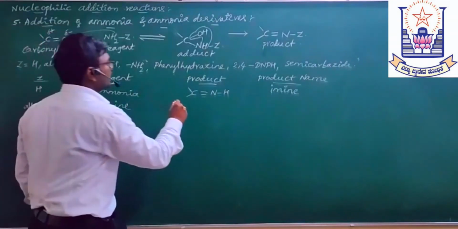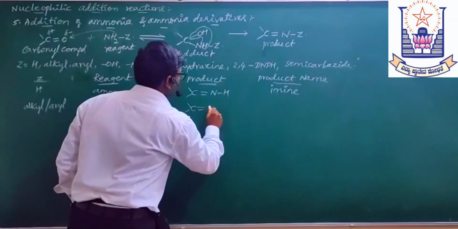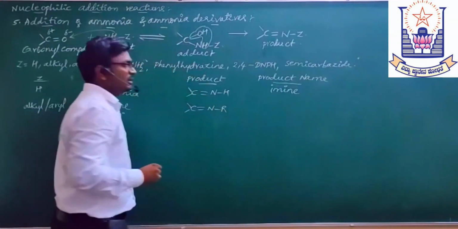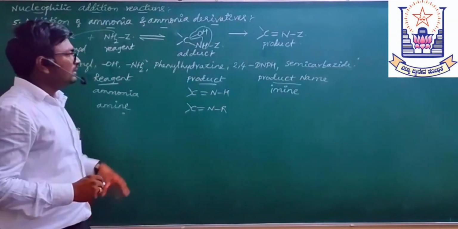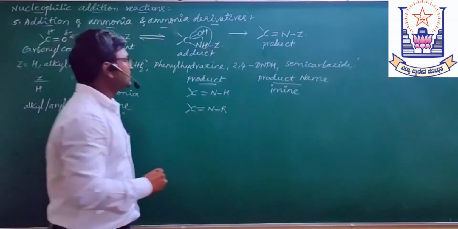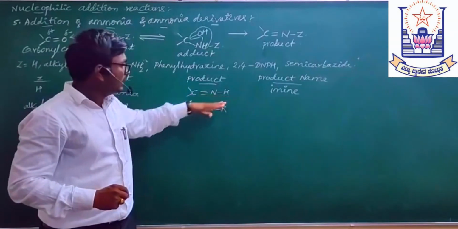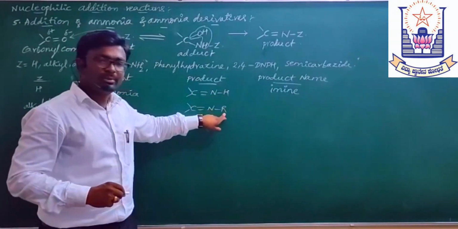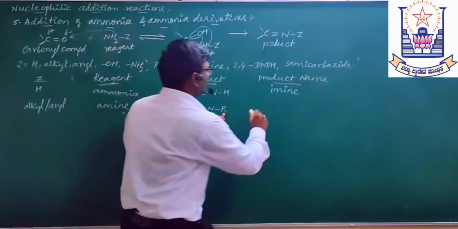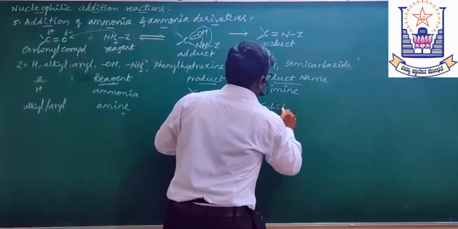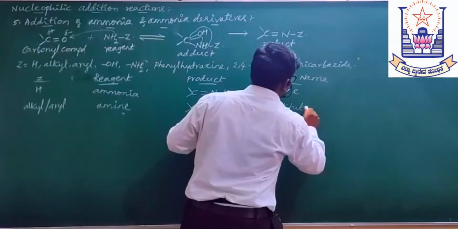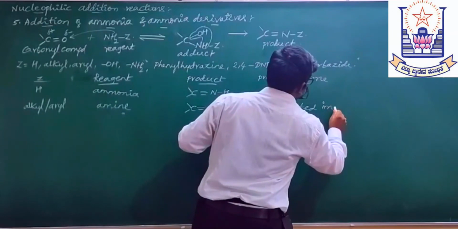Then the product will be C double bond NR. Here the product name is substituted imine. C double bond NH is imine; here hydrogen is replaced with R, so it is called a substituted imine.